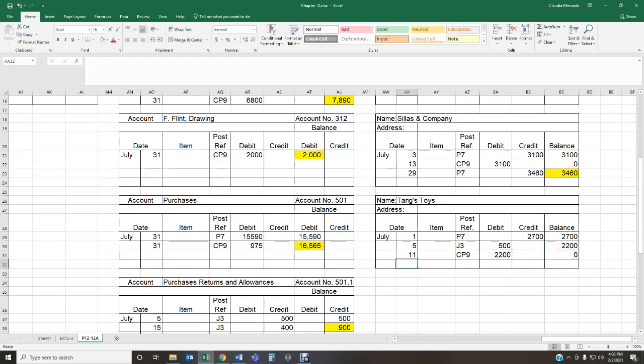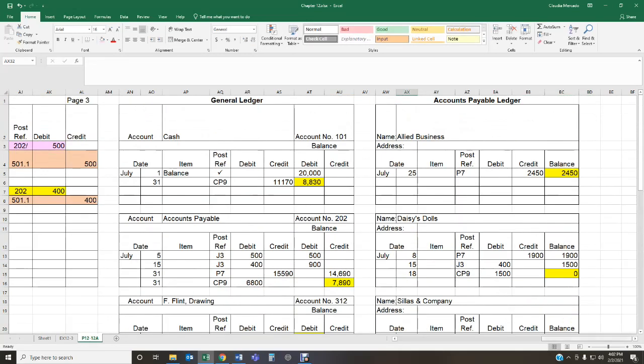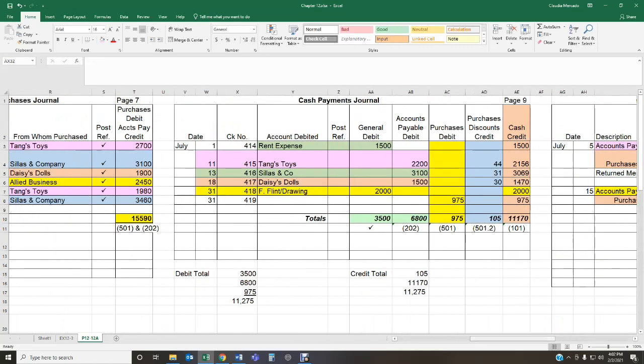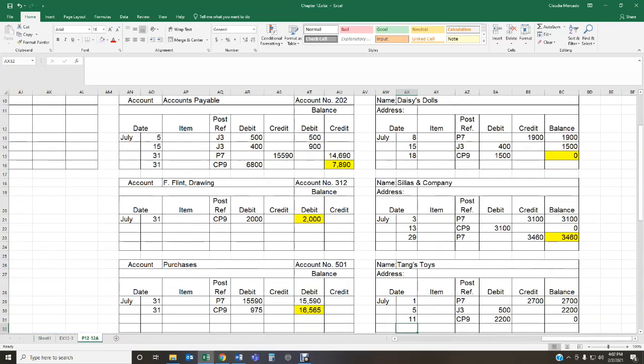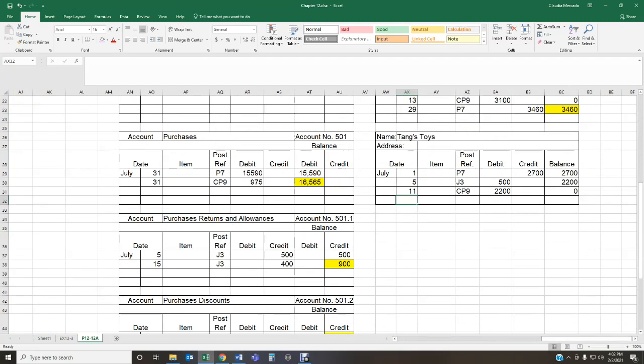We owed 0 to Tank's. And then if we look at our purchases journal, Tank's Toys made another purchase on the 26th for $19.80. So we have to enter that over here on the 26th, P7, and for $19.80. So the amount that we owe is $19.80 to Tank's Toys.